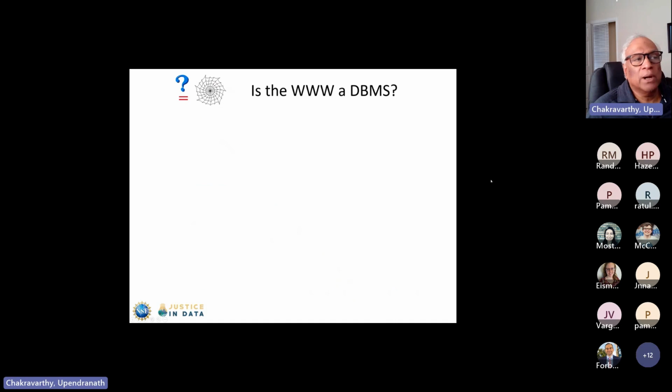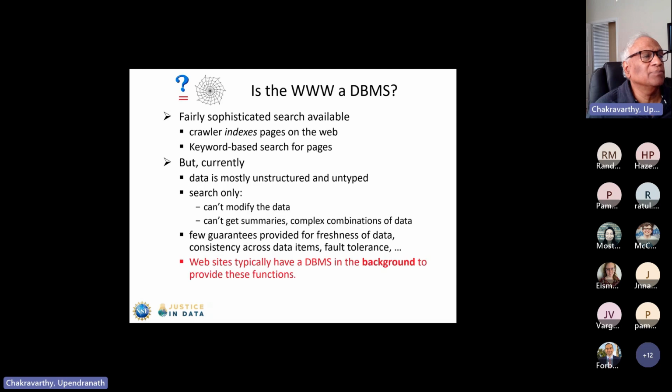So is the World Wide Web a DBMS? Sometimes this is the question. You have fairly sophisticated search. There is a crawler that indexes the pages. You can do keyword-based search, but currently the data is mostly unstructured and untyped. You can only search, you cannot modify data. You can't get summaries or complex combinations of data. So actually, what you have is a DBMS behind the web.